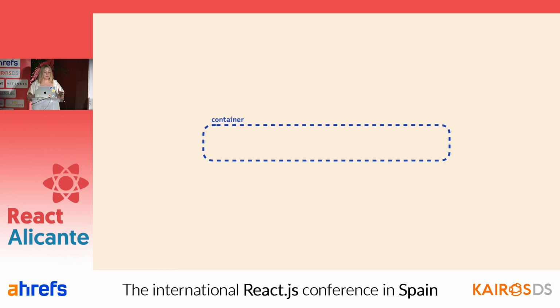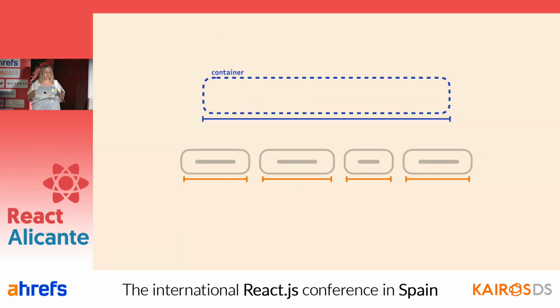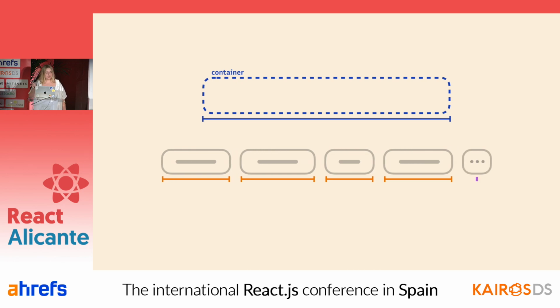So now we have the width of the container, right? Additionally, we also need to measure the width of each of the items, and they all can have different widths, right? And we must not forget about the size of the overflow menu, which can also change. For example, if our target size changes based on the viewport. And we need to account for the gaps, right?